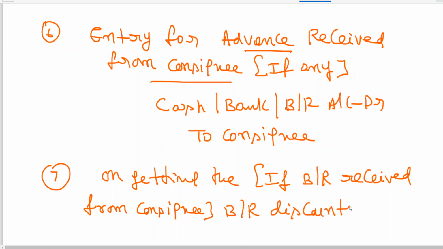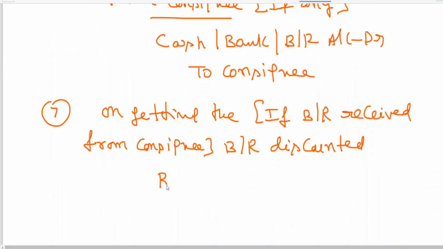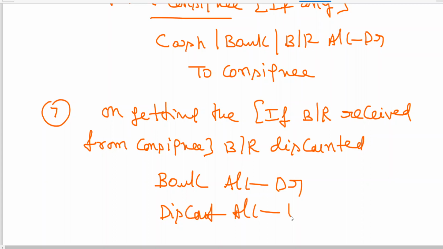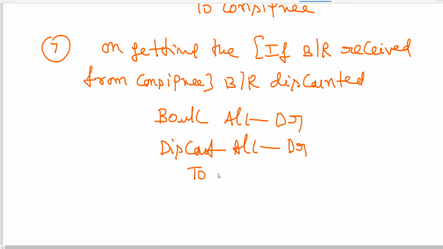Suppose if advance is in the form of bills receivable, the entry will be, you learned in the bills of exchange chapter: Bank account debtor, discount account debtor, to bills receivable account. I told you this discount will not be transferred to consignment account.